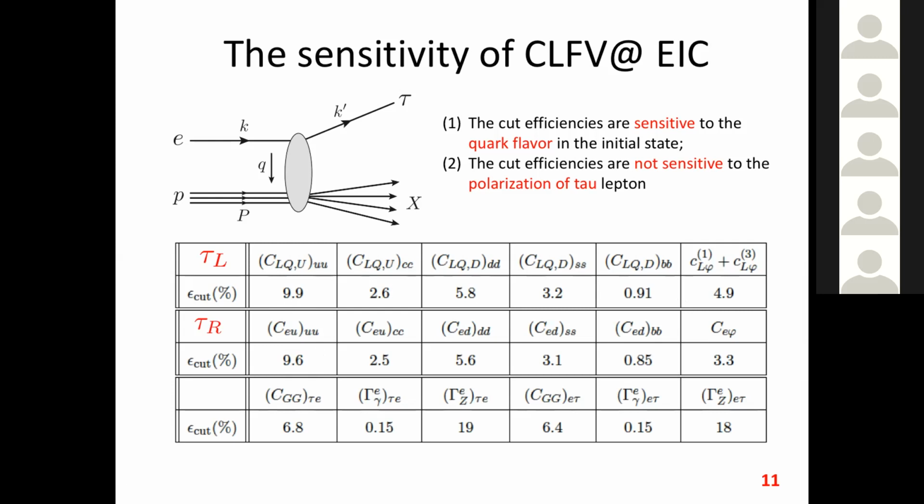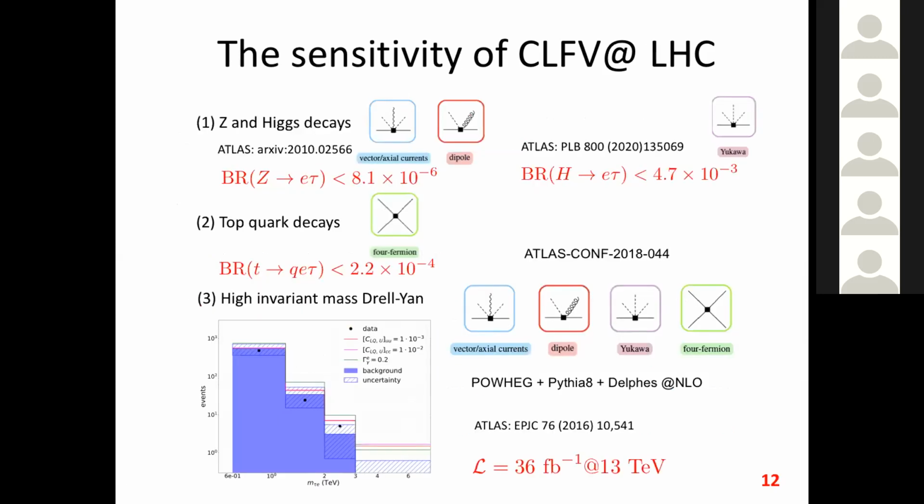And next, I will discuss other constraints. The first one is from the LHC. Because the LHC has huge data, it could give us some constraint for this kind of signal.